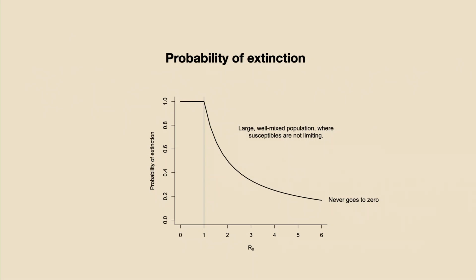And of course, this is making tons of assumptions about large, well-mixed populations, etc. But even at really, really high R0, you're never going to get a 0 probability of extinction, because there's always the chance that you fall over dead before you transmit, something else happens. So in our considering how immunizing infections work in the real world, we have to consider the role of chance.